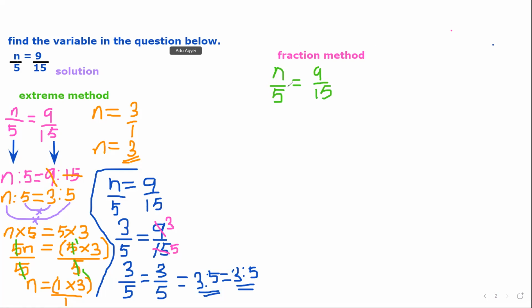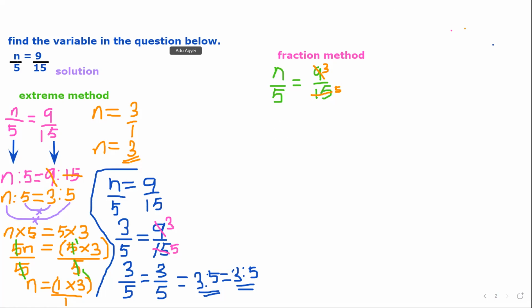When it was written in ratio, then you're going to change to fraction, but here it's already in fraction. So the only thing that you do here, you check the other fractions and reduce it to its simplest form. And the other fraction here is 9 over 15. So here 3 goes here, 3 goes here, 5. Okay, good.